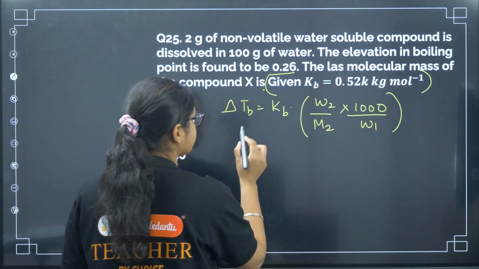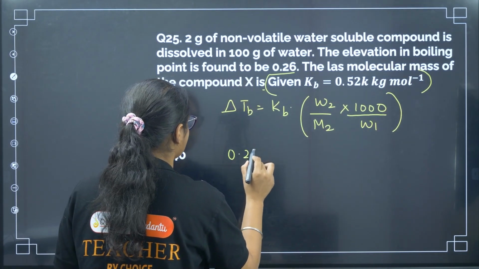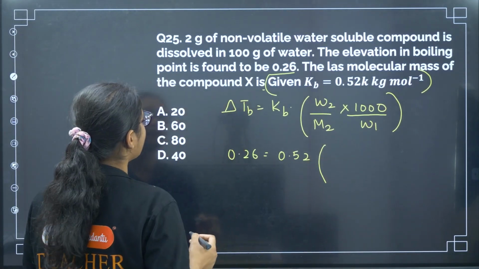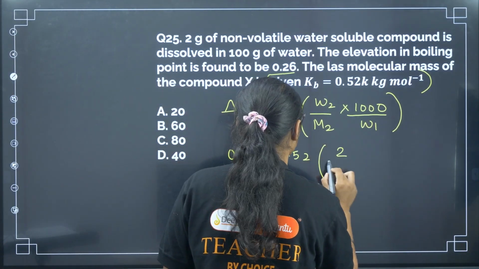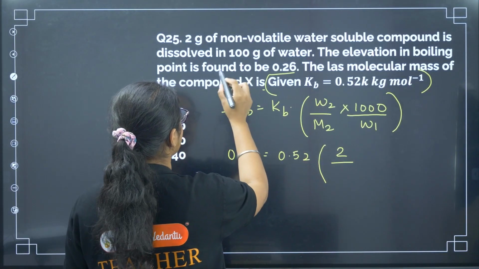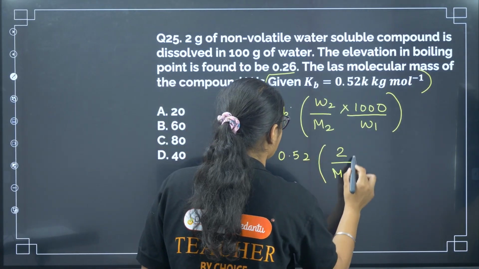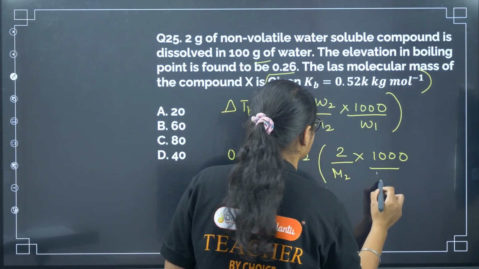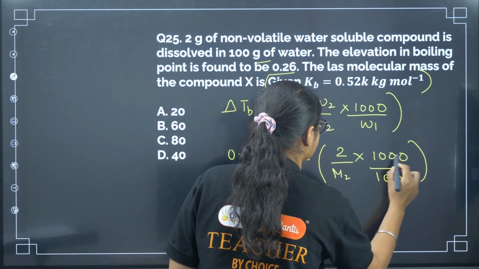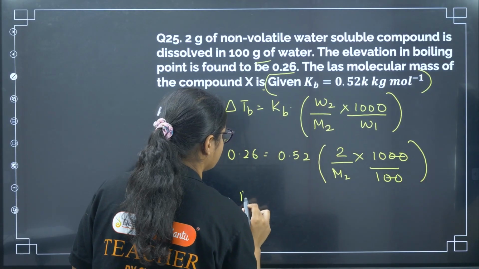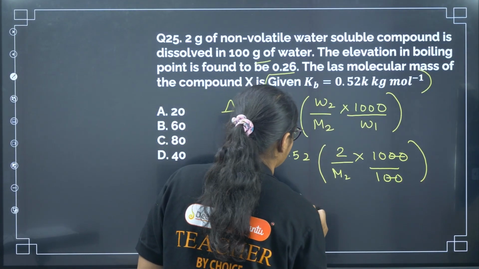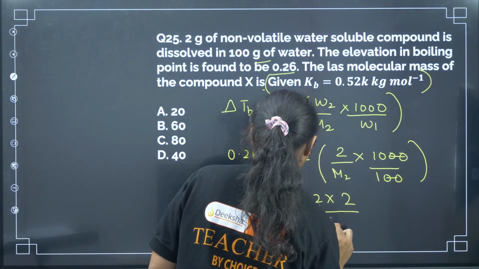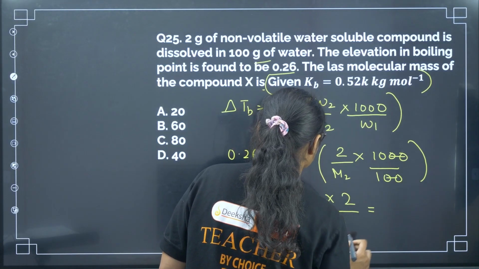Okay, so now if you see here, delta TB is 0.26, KB is 0.52, then W2 value is 2 gram. Okay, M2 value is what we have to find out, and 1000 by mass of the solvent is 100 gram. Okay, so if we solve this, we'll get M2 value as 0.52 into 2 by 0.26.